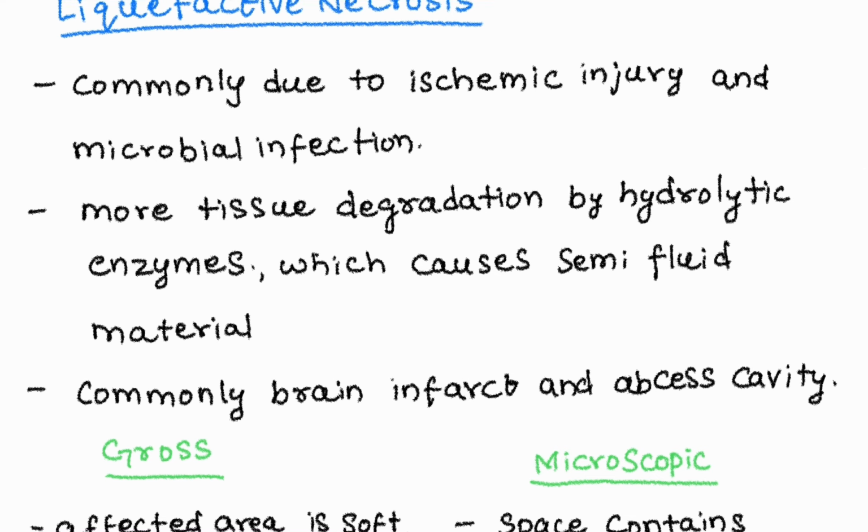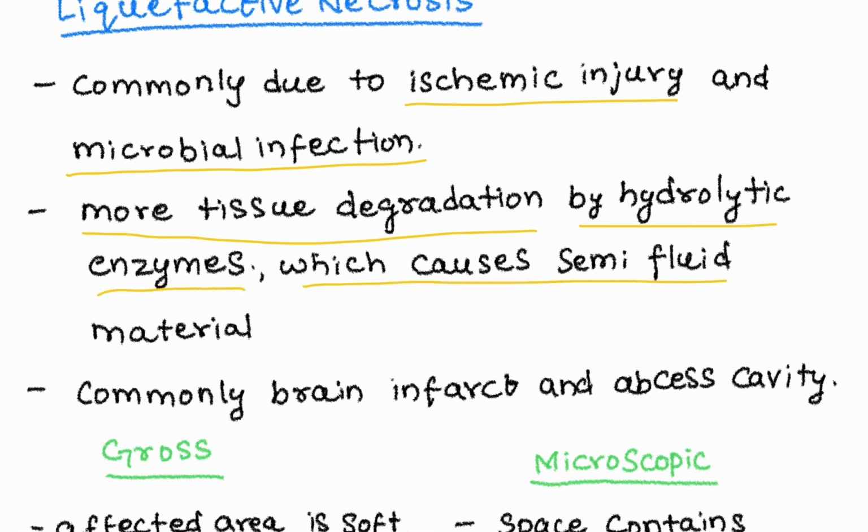Coming to liquefactive necrosis. It commonly occurs due to ischemic injury or microbial infection. In coagulative necrosis, the most common cause is ischemic injury and less often microbial injury, right? Here, both ischemic and microbial infection are common. There is more tissue degradation by hydrolytic enzymes, which causes a semi-fluid like material.